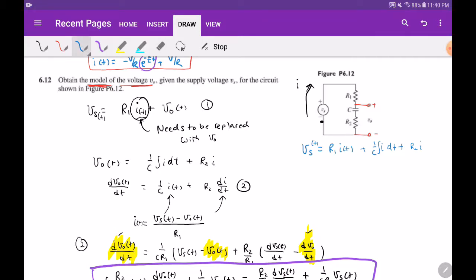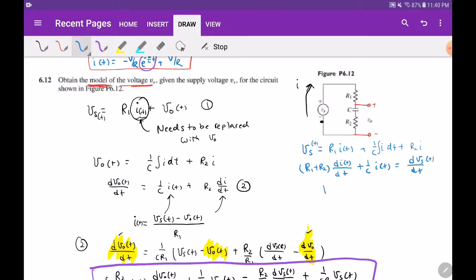So if you differentiate once and then move the terms, switching the left hand side and the right hand side, you'll have R1 plus R2 times dI of t over dt, and plus 1 over C times I of t equals the derivative of Vs over dt. Okay? So let's compare the left hand side.